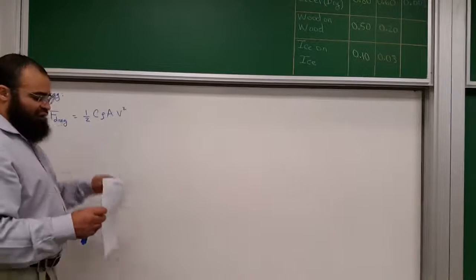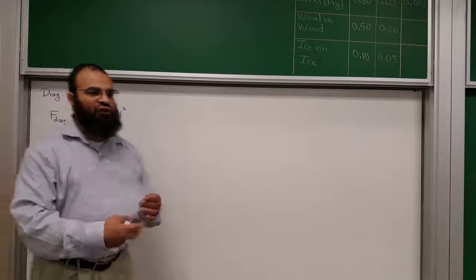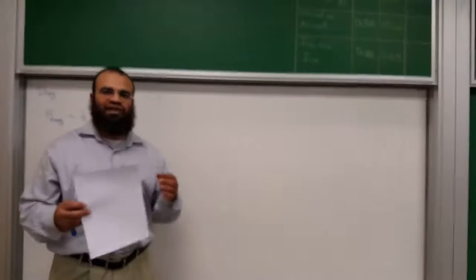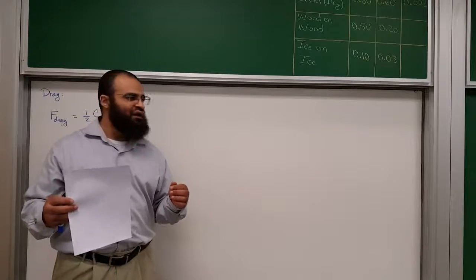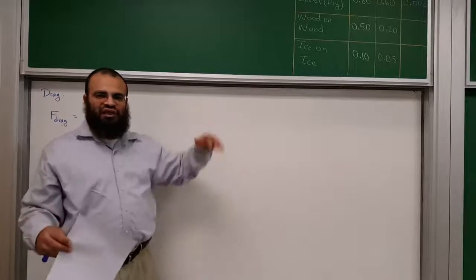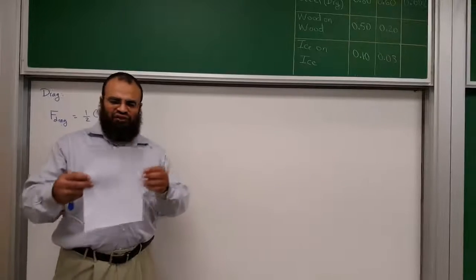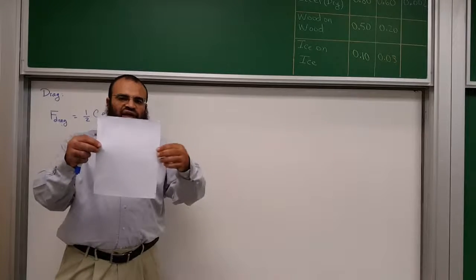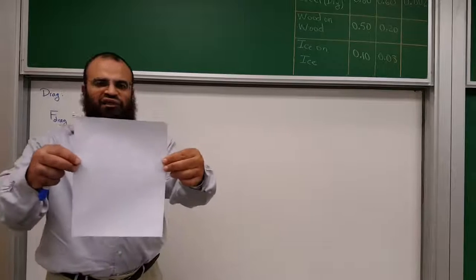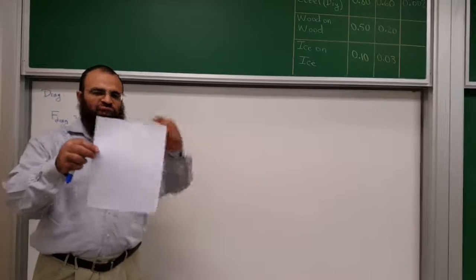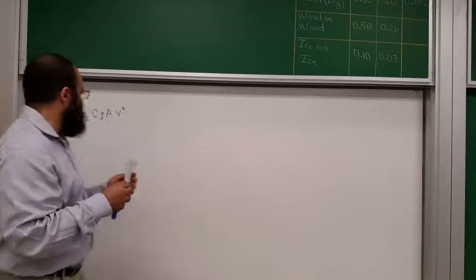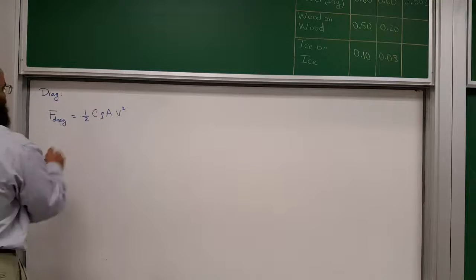The surface area. Many times people joke about different cars, they say it has the aerodynamics of a refrigerator, meaning the car is kind of boxy and it will experience a lot of drag. If the car looks squarish like this, it will experience a lot of drag. So it depends on the cross-sectional area of the car.